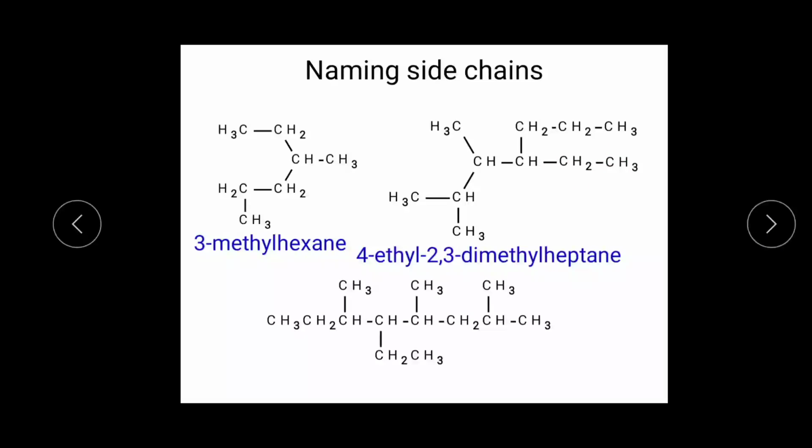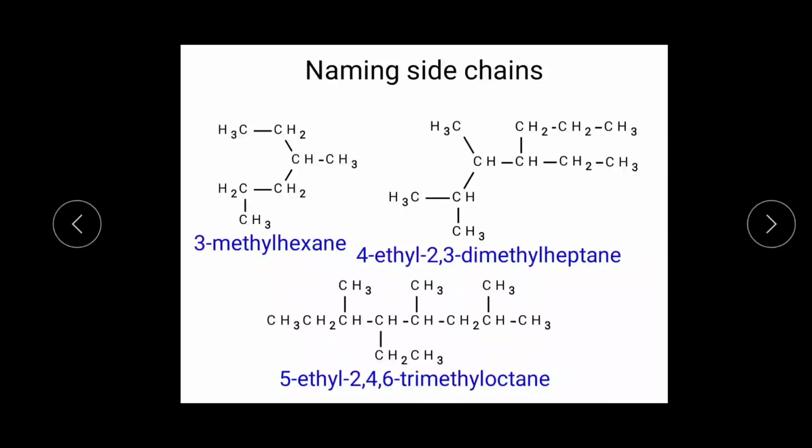And you're going to arrange it in alphabetical order. This is 4-ethyl 2,3-dimethyl heptane. Next, we have 5-ethyl 2,4,6-trimethyl octane.